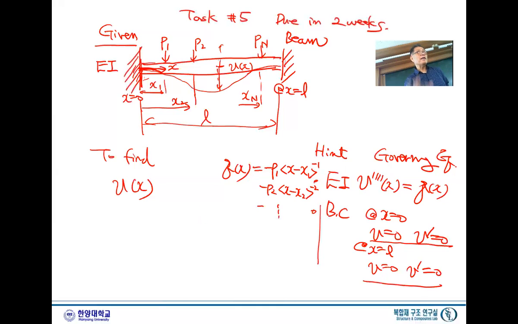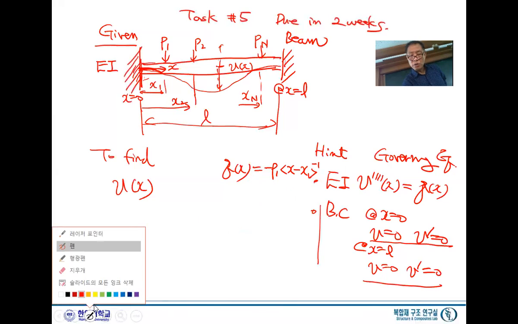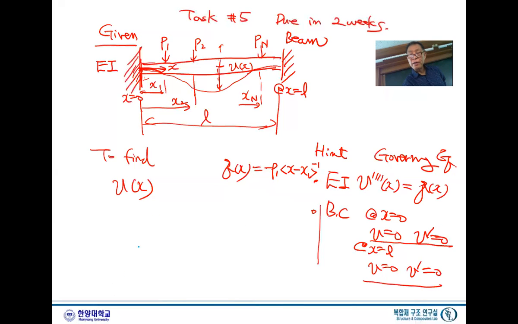it looks complicated, but very simply, what you can do is just consider only one load. That's all you need to have. Only consider one load at this position, okay?